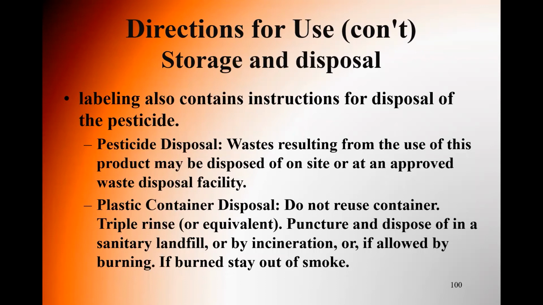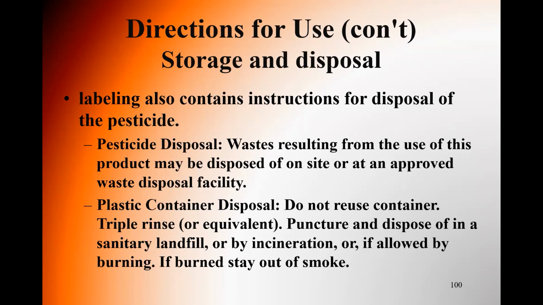Then disposing of the container will be the only thing you have to dispose of. If we can dispose of the pesticide itself by spraying it out at the proper labeled rate, that is the most accepted method.